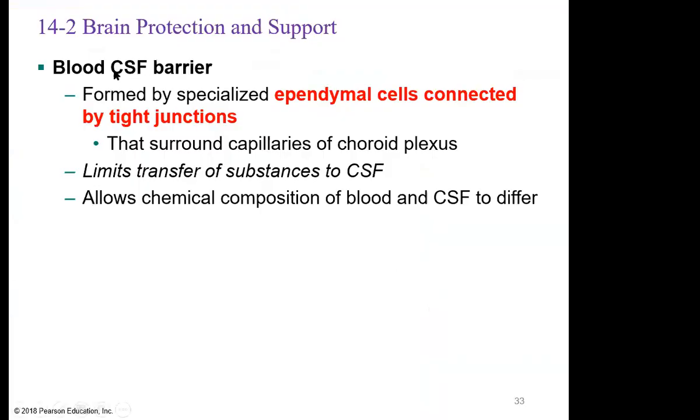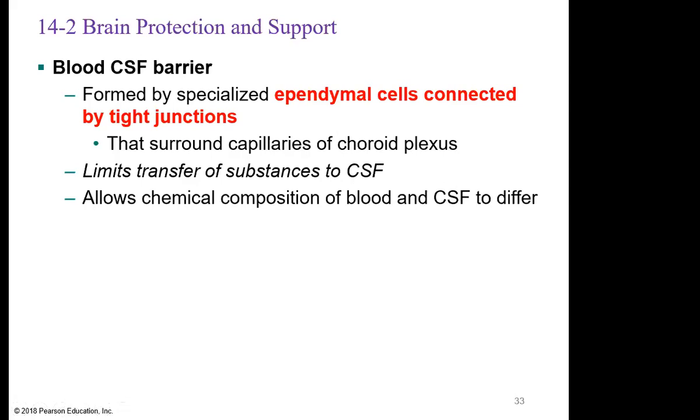So again, the blood-CSF barrier, it's the ependymal cells connected by tight junctions that make sure that they are definitely regulating what can go into or out of that CSF. This allows the chemical composition of blood and CSF to differ. When you get in 2402, you'll learn that the pH of blood has to be somewhere between 7.35 and 7.45.